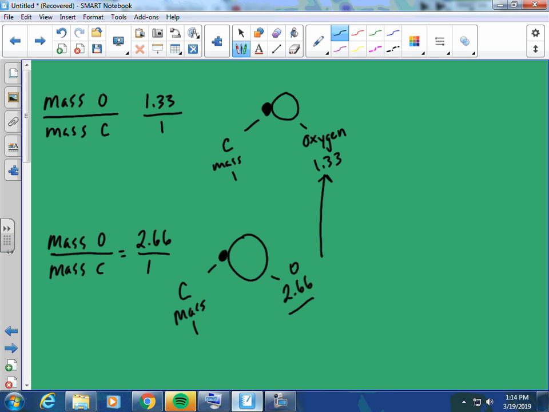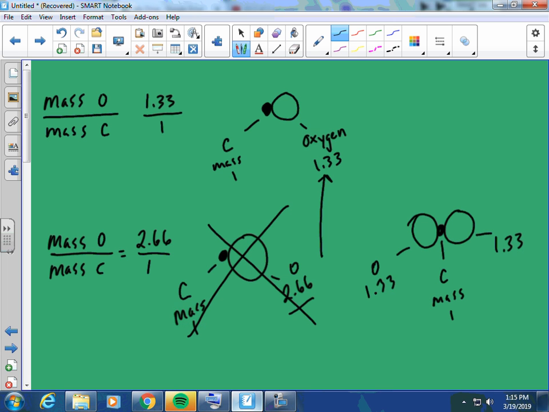So that mass ratio would work out if instead we had something like this: carbon still with its mass of 1, and each of the oxygens, just like before, having a mass of 1.33. Now that solves the problem for both compounds.